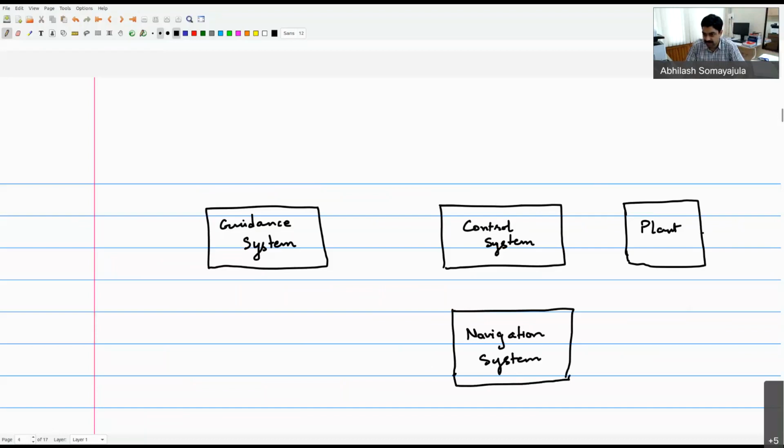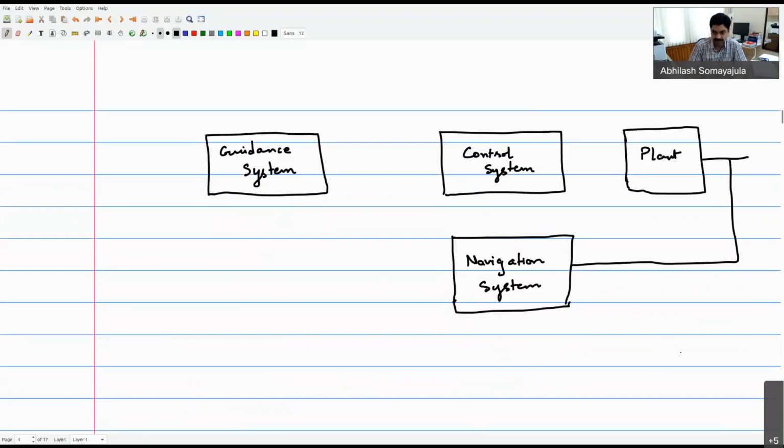And the idea is that the output of the plant is measured by the navigation system. And in the navigation system, we may be adding some noise which might be coming in. And this output goes as a feedback and gets added to the reference signal from the guidance system, and that is the input to your control system, and that control system now controls the plant.